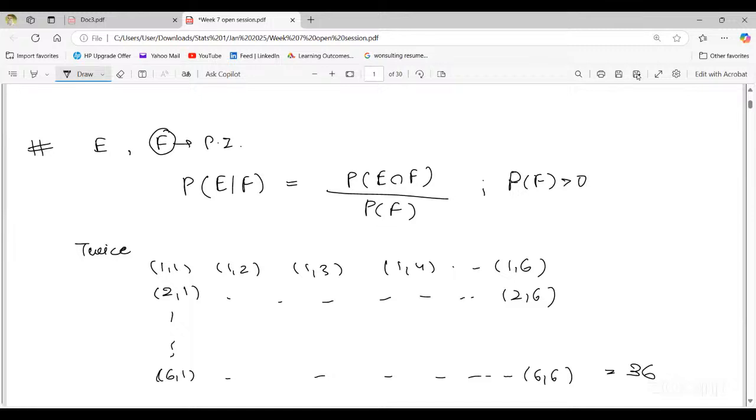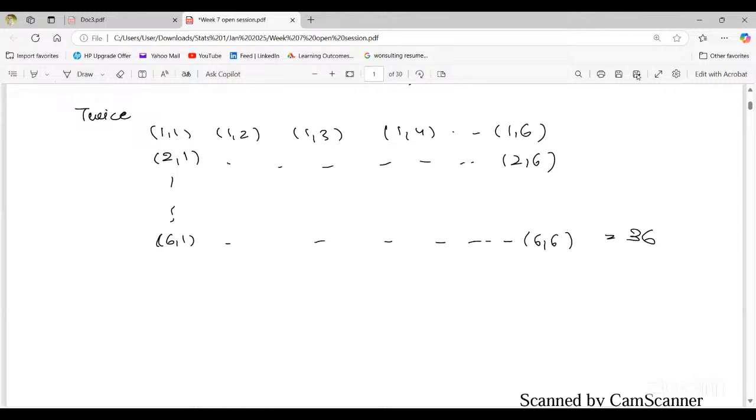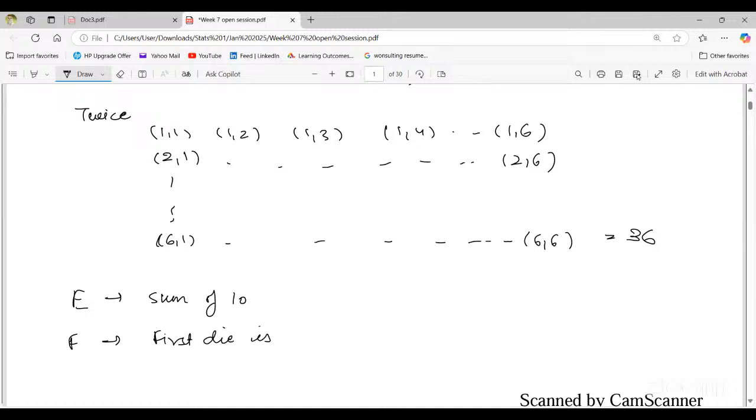Now the question is, I am denoting my events. My E is denoting that the sum of the dice is 10, and F is denoting that the first die is 4.